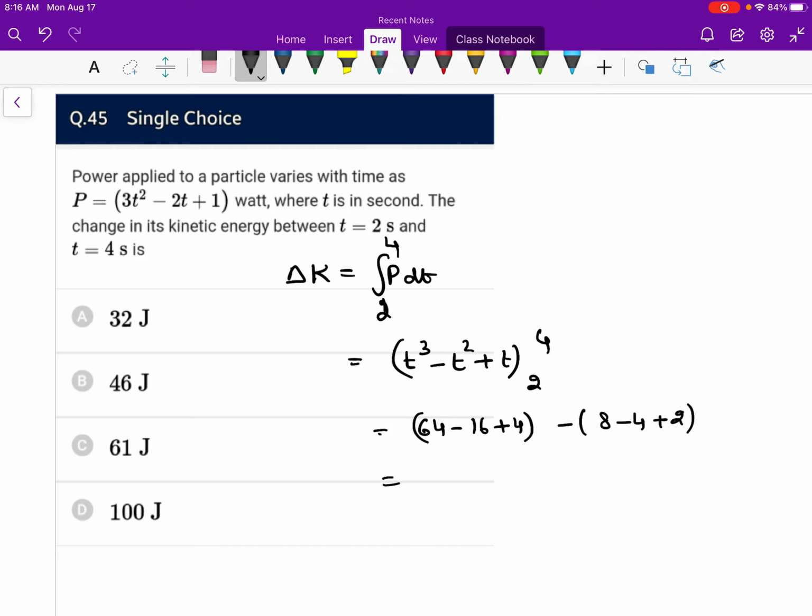So 64 minus 16, that is 48. 48 plus 4, 52.